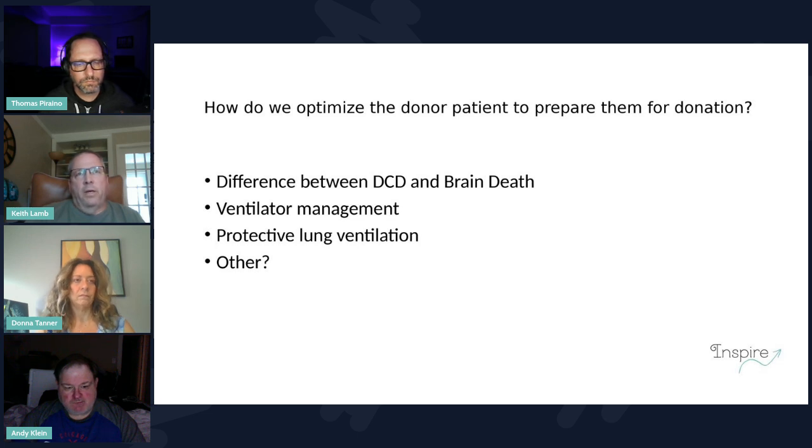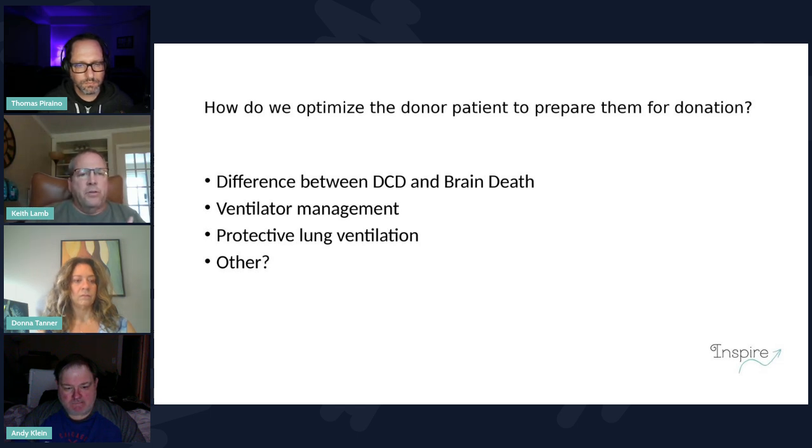So one patient type is the patient type that has irreversible brain damage and cessation of neuro function, and that person is pronounced dead. And so they're pronounced dead, but they still have circulatory function. That's an advantage when you're talking about organ donation, because even though they're dead, they still have native circulatory function, and potentially they can preserve organ function because of that.